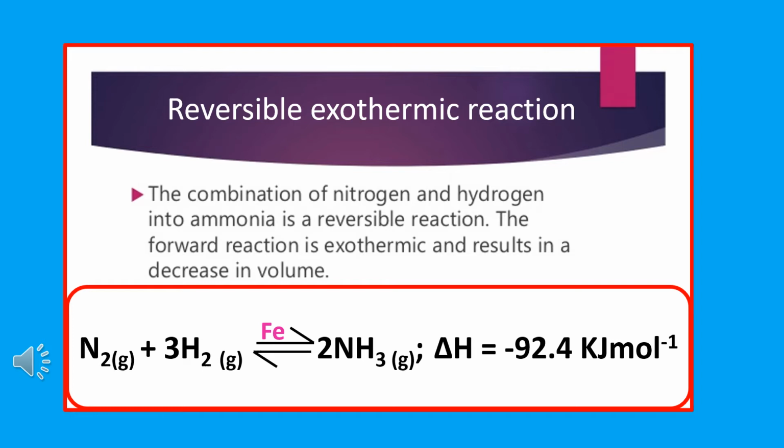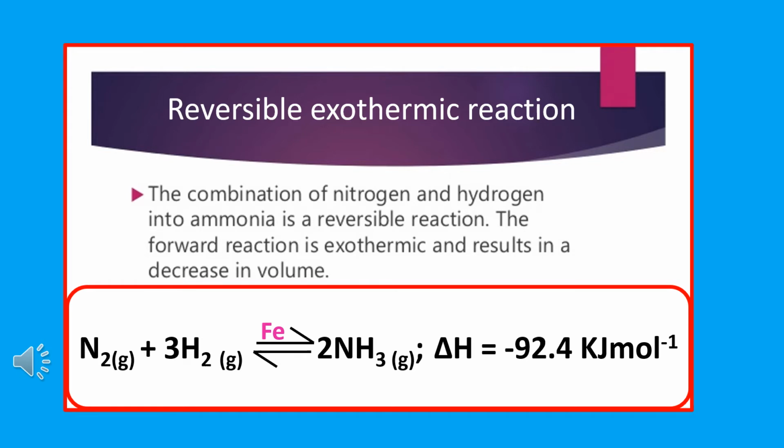That is, 4 moles of reactants are converted into 2 moles of products. So there is a decrease in volume and it is a reversible exothermic reaction. The formation of ammonia is a reversible exothermic reaction.